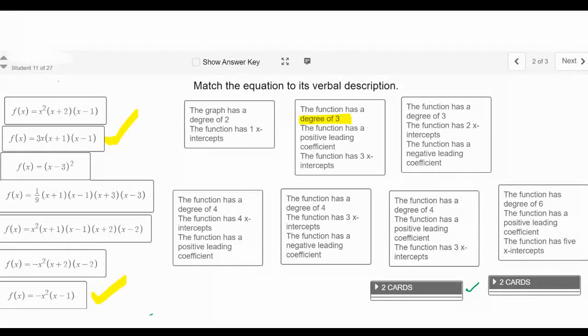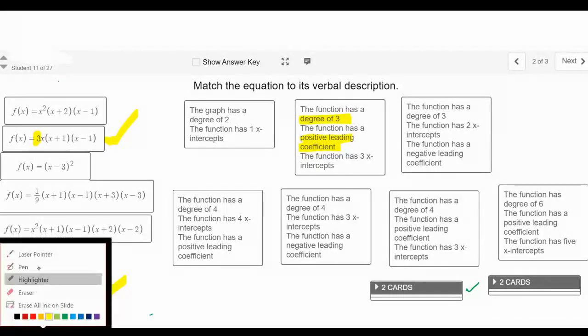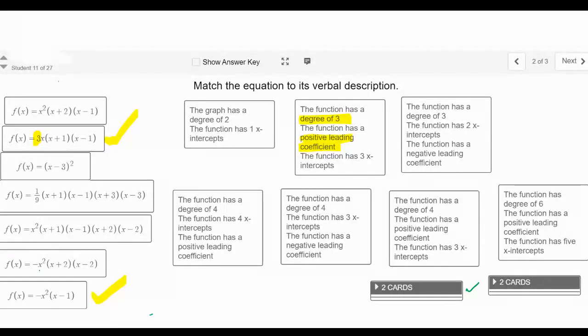Because you're counting your x's, right? Then it says the function has a positive leading coefficient. Well, there's only one with a positive leading coefficient of 3. The other one has a negative. See the negative down there? It's a negative leading coefficient. And our card says that we need to have a positive. So these 2 cards are going to go together just based on that.